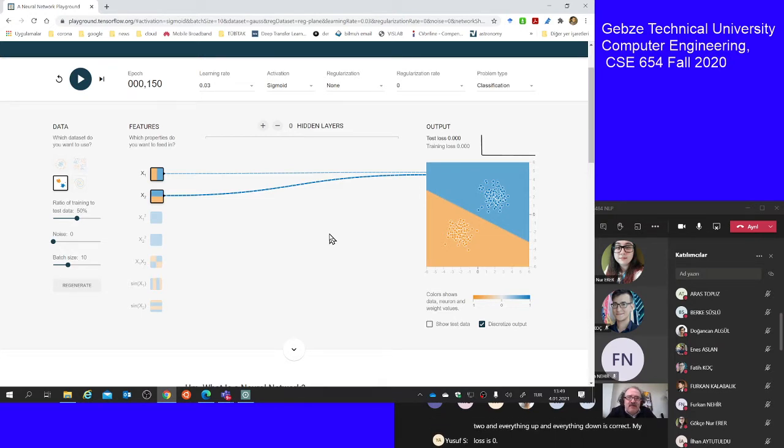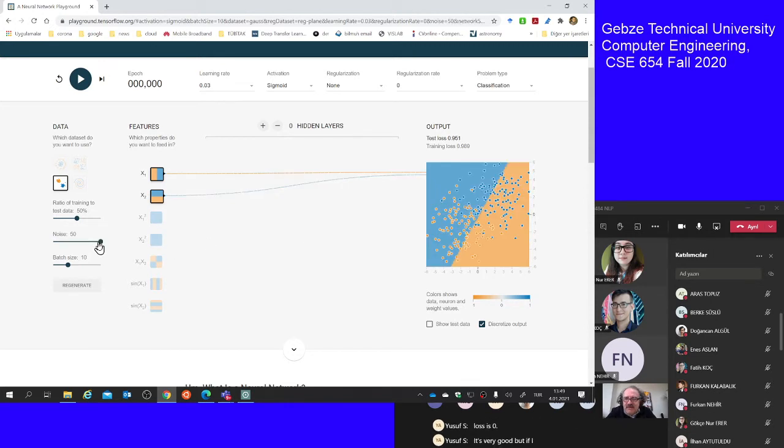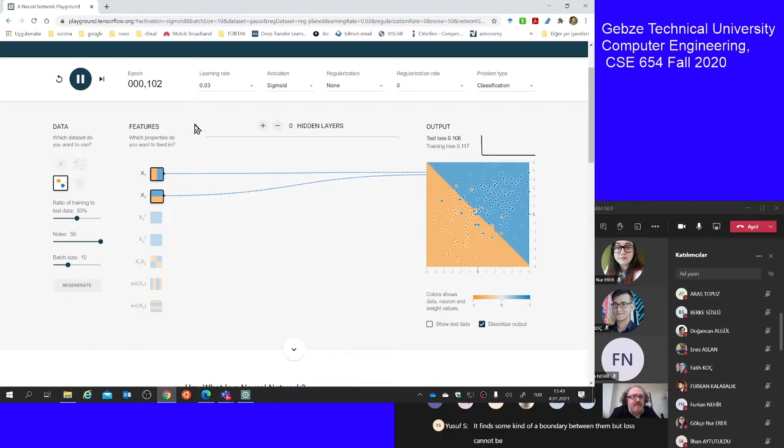But if I increase noise, my positives and negatives are not as clear as before. If I run this again, it finds some kind of a boundary between them, but the loss is not as small as before.